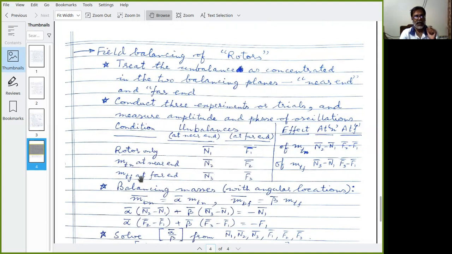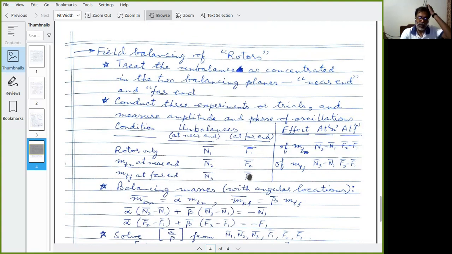Similarly, now remove this near end trial mass and put another trial mass, MTF. These two need not be the same. MTF at the far end. And then again measure the two complex numbers, means measure the amplitude and phase, N3 and F3.